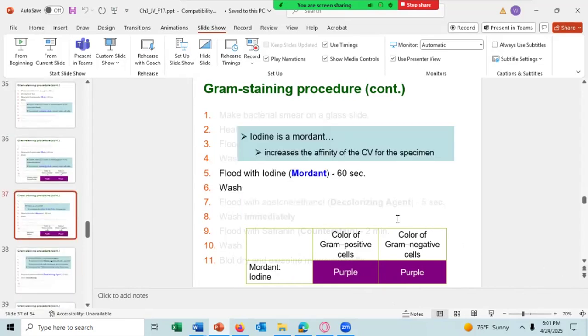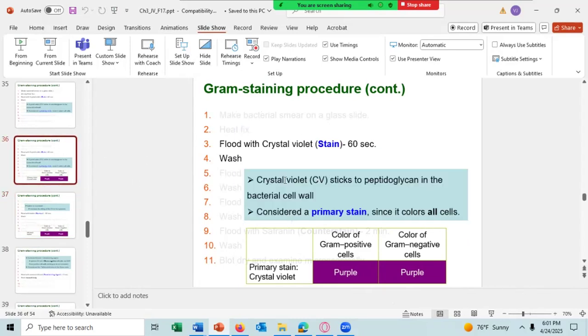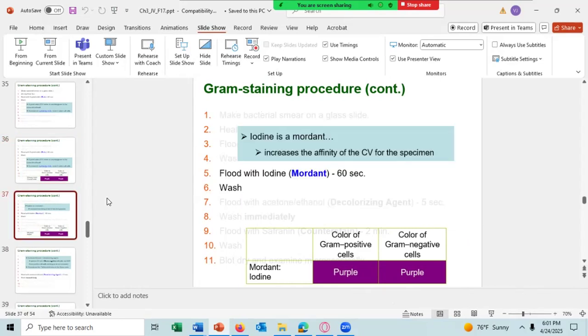You then apply iodine. Actually, I did state it up there. You wash it off with the cold water. You then apply iodine. Iodine is a mordant. It will complex with the crystal violet to make a larger molecule inside the cells. You apply the Gram's iodine for 60 seconds.